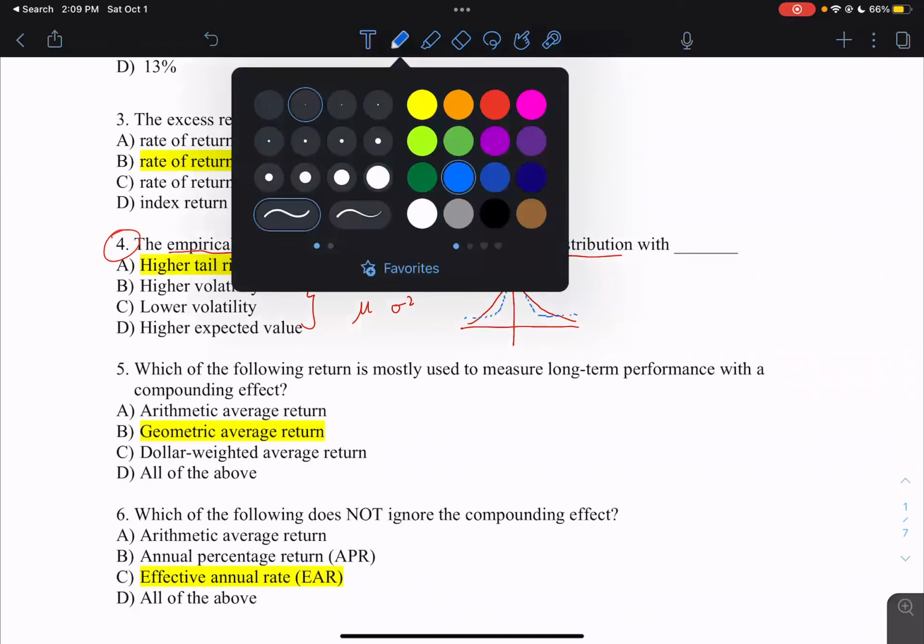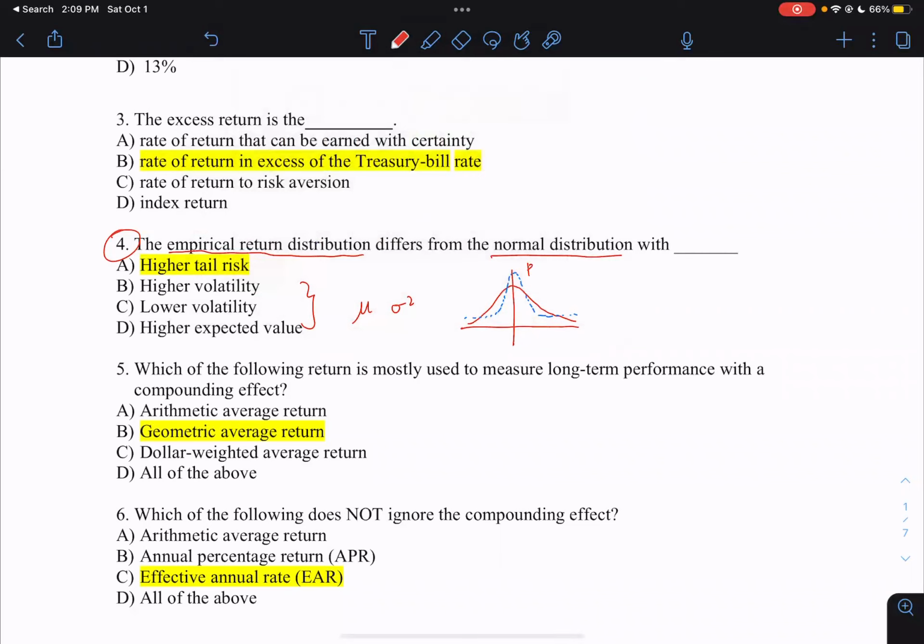Again, this plot is the PDF, the probability density function. Just a quick review from your statistics class.